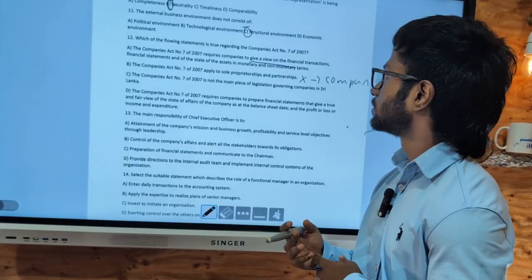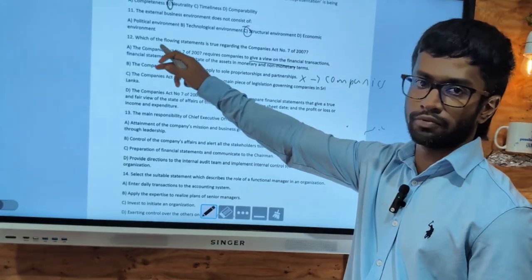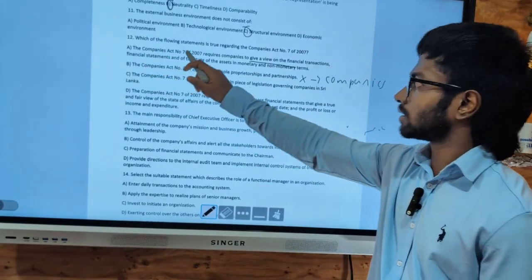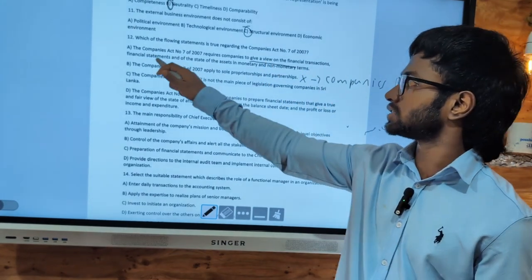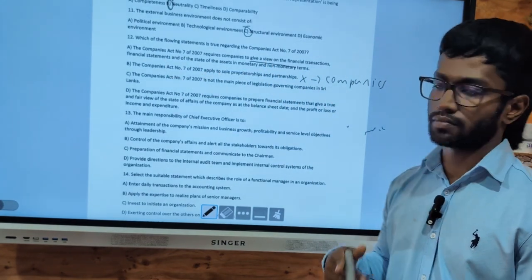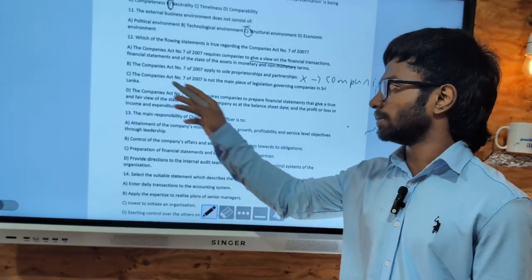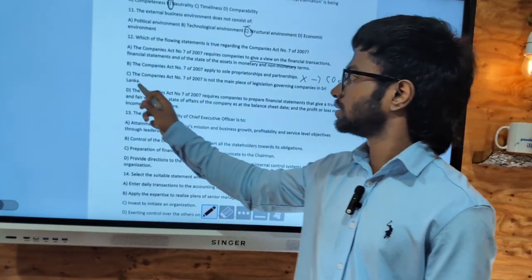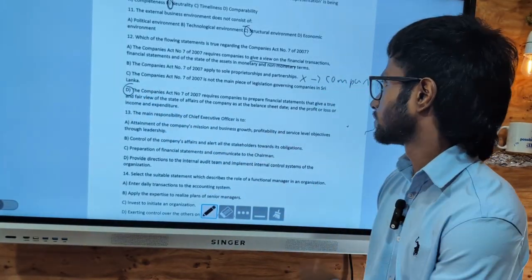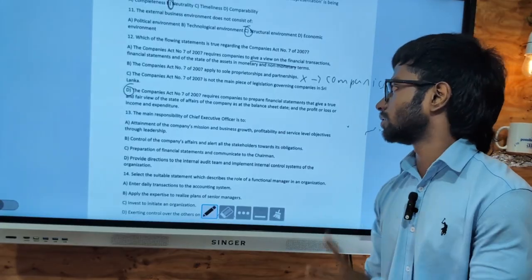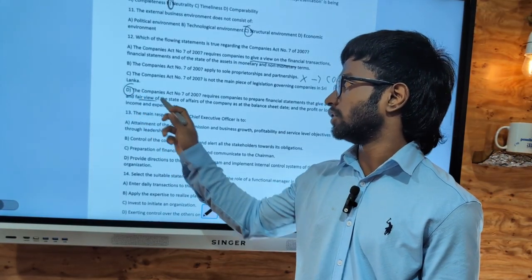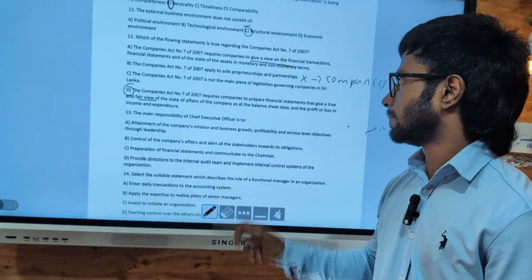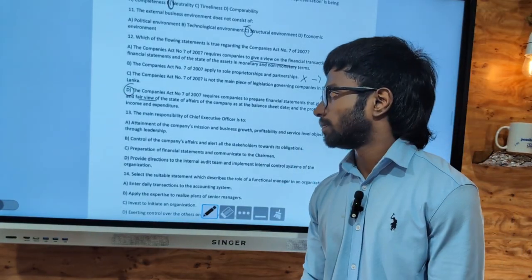Now here, if you take the first A, it gives a view on financial transactions, financial statements and state of assets. That's all somewhat similar, no? But here the most correct one is answer number D. It requires the company to prepare financial statements with a fair view of affairs on the balance sheet and the profit or loss.